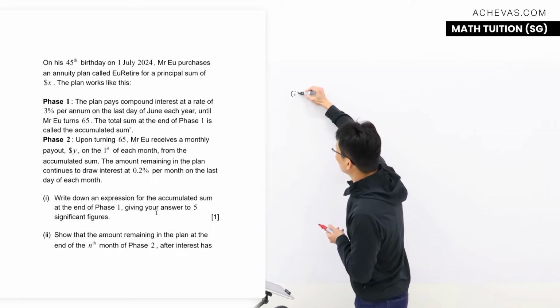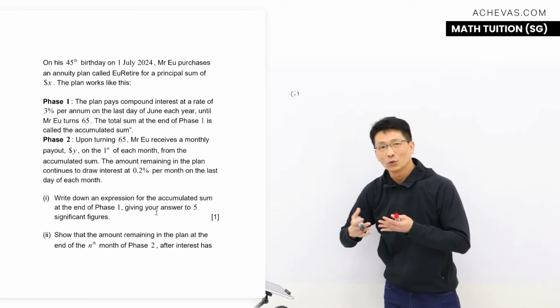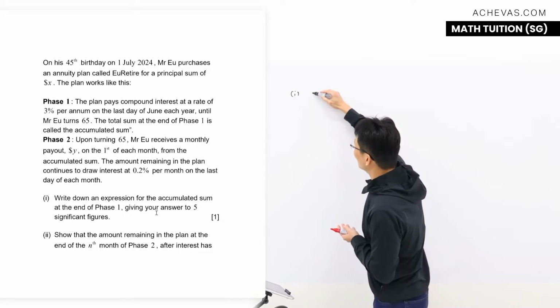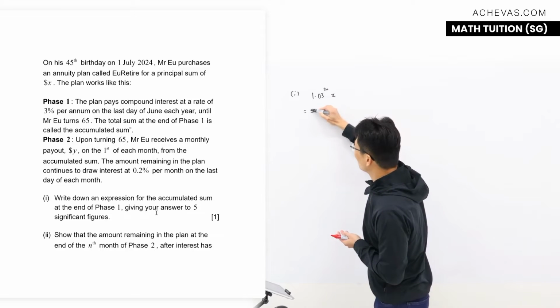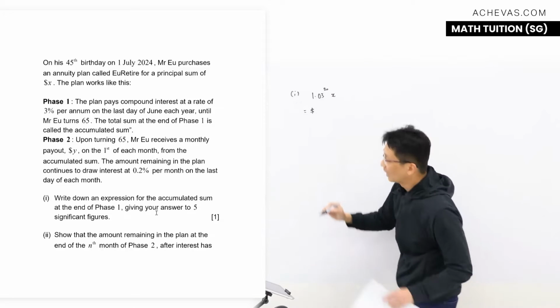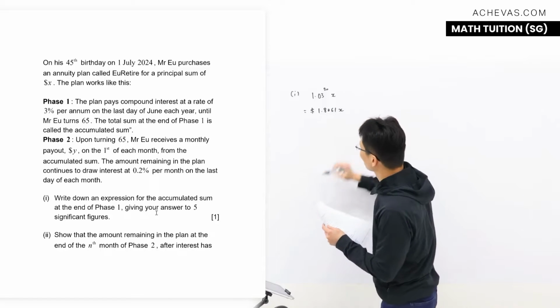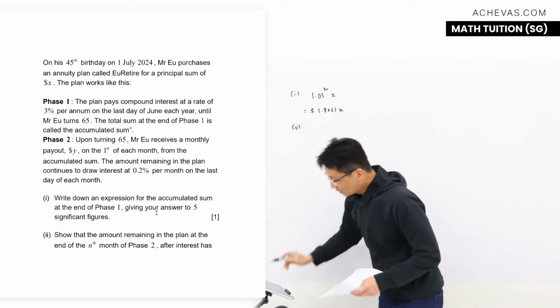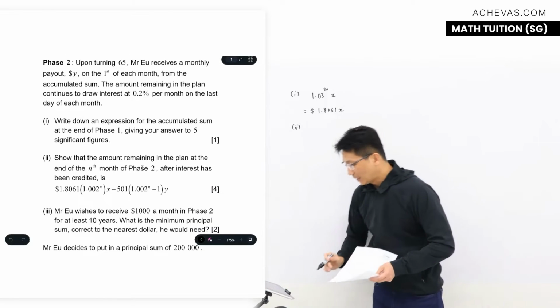And since it will be credited 3% every single year over 20 years, the amount should be 1.03 to the power of 20 times X. We can evaluate this and get a value of 1.8061X.